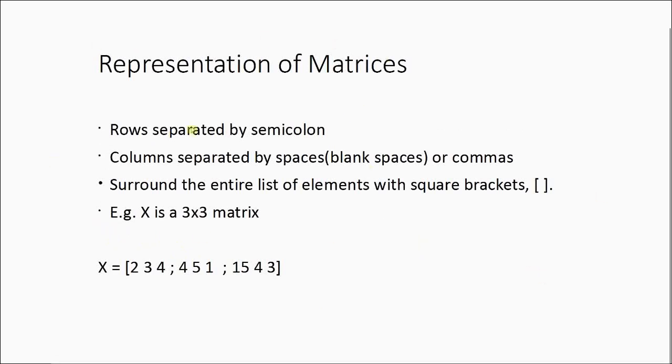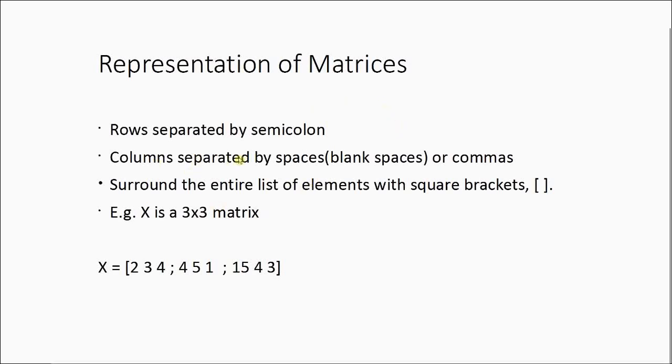Representation of matrices. Similar to the representation of arrays, the elements must be enclosed within square brackets. You begin a square bracket and enter the elements, but here the rows are separated by semicolons. At the end of each row you have to place a semicolon.